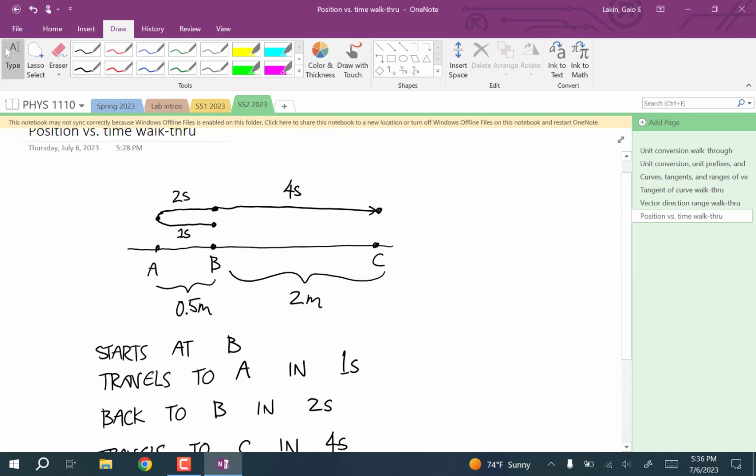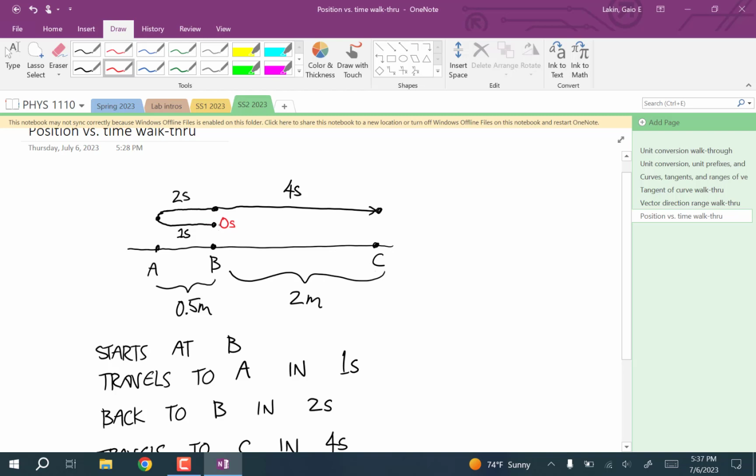Okay, so zero time is at the start of the motion. So now at each one of these points that we've drawn on the path, I'm going to draw what the stopwatch would say when the object gets to that point. So it would be 0 seconds at that first instant.